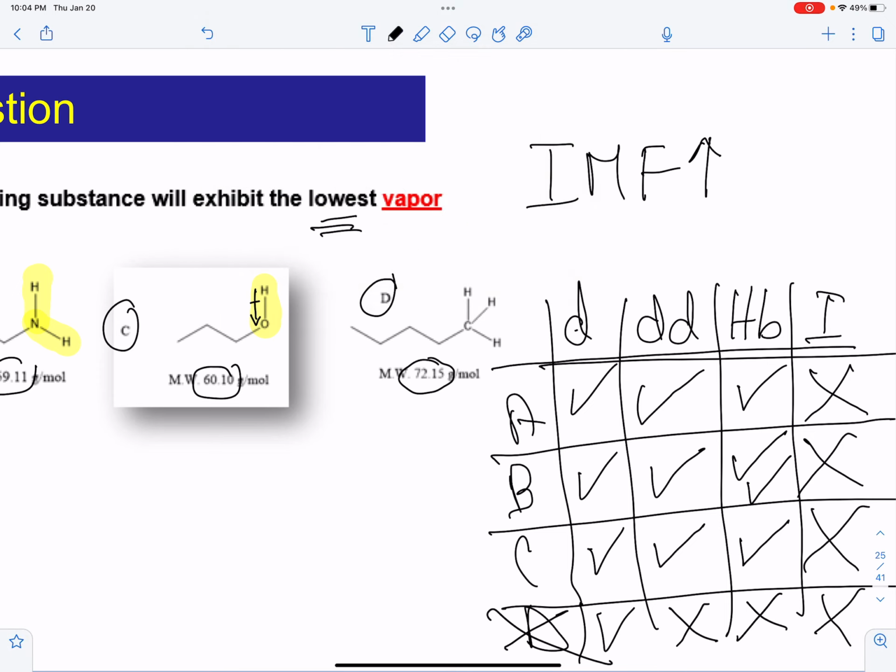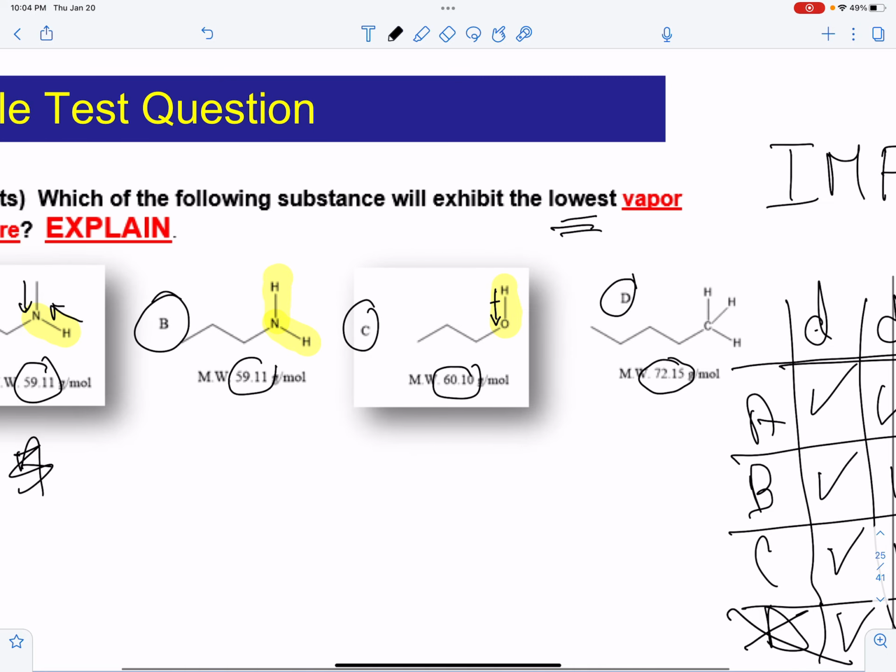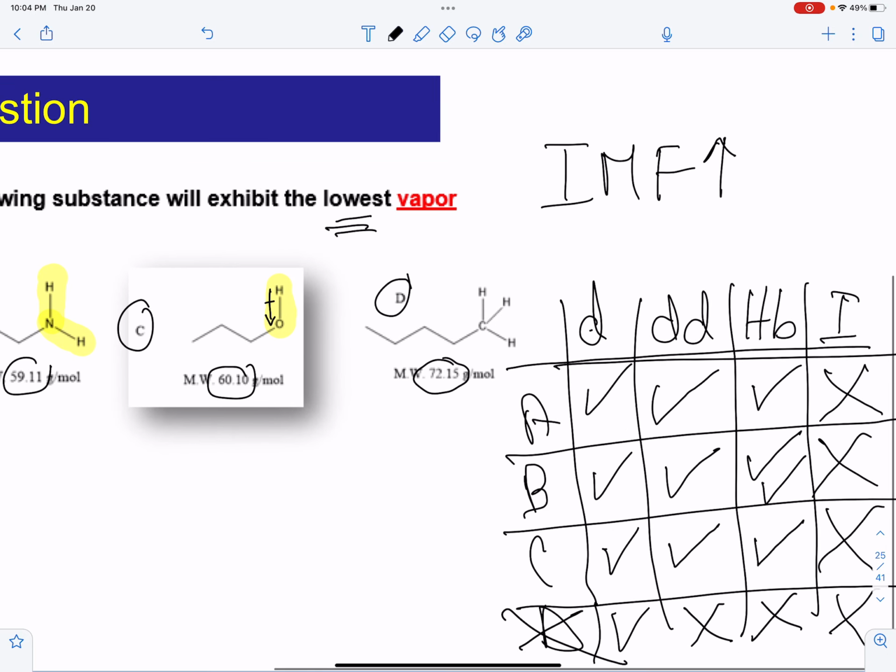So which one will have the stronger intermolecular forces? Three of them have the same three forces. However, one of them has double hydrogen bonding.